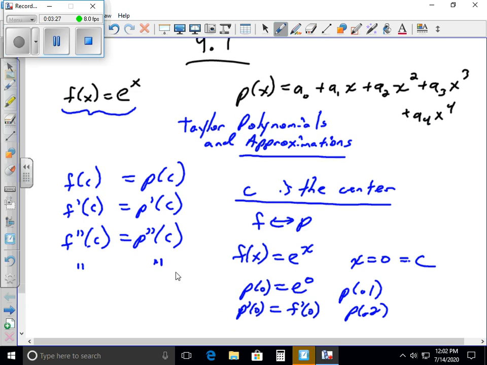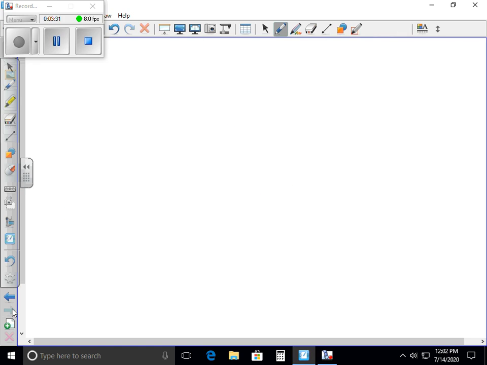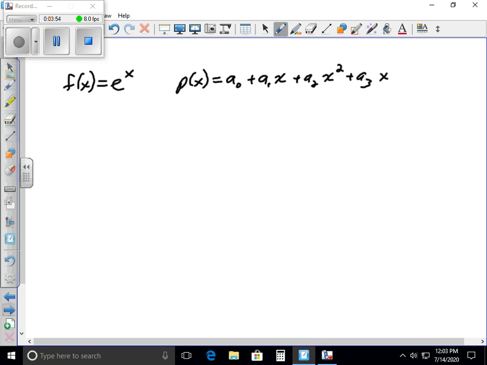So let's see how we could do this. The function that we're going to find a Taylor polynomial for is f of x equals e to the x. And let's do a fourth degree approximation. So we want a constant term, an x to the first, an x to the second, an x to the third, and an x to the fourth term.